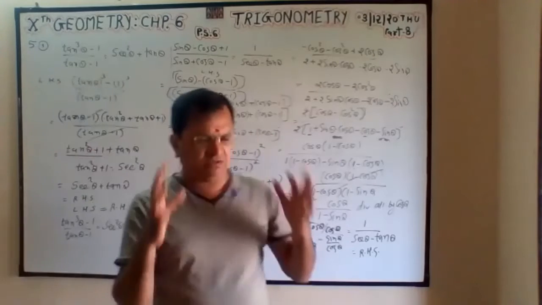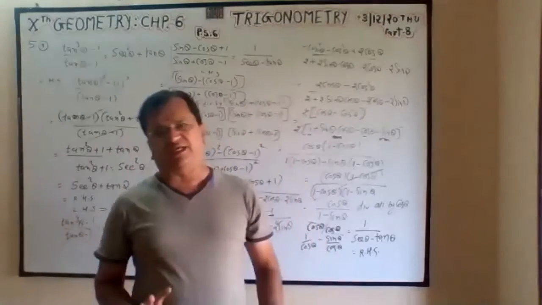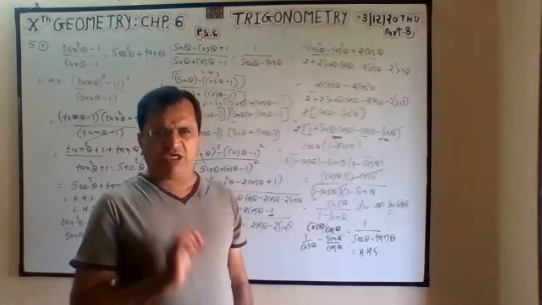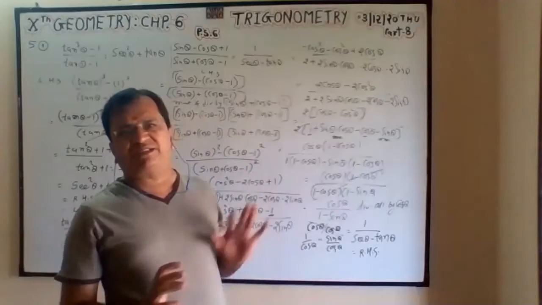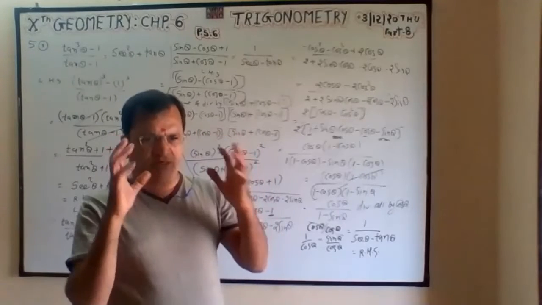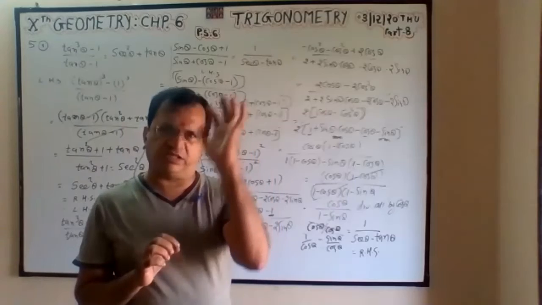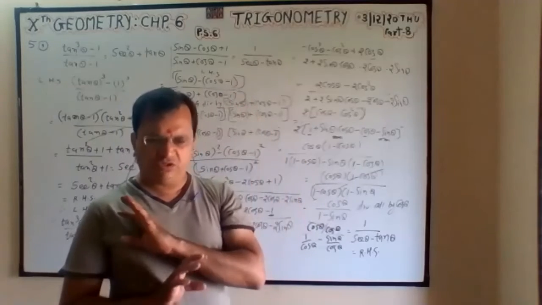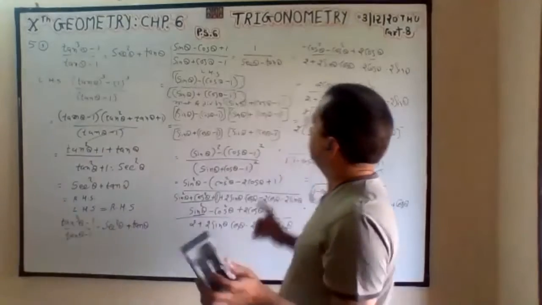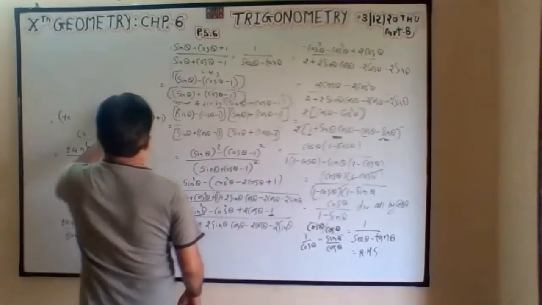So keep in mind that S means only sin, basic ratio. C means only cos, basic ratio. Wherever I write S, you have to consider sin. Wherever I write C, it is only cos, not cos A. With that concept, I am explaining this full sum again.